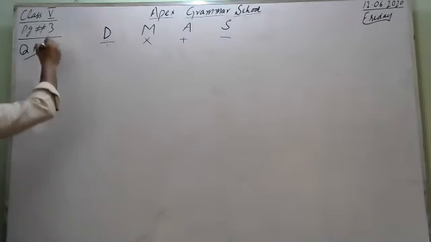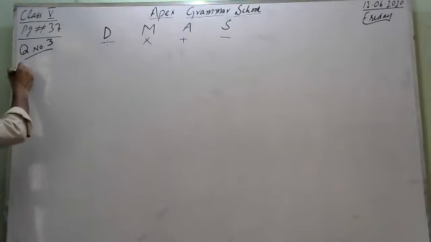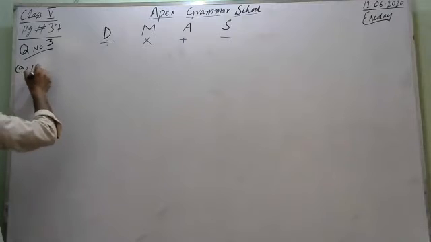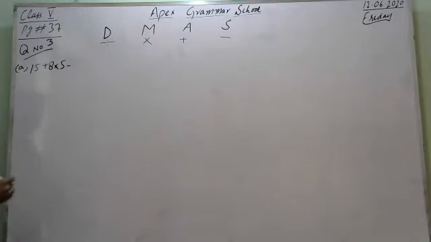Question number 3, page number 37. A part, 15 plus 8 multiplied by 5 minus 21.